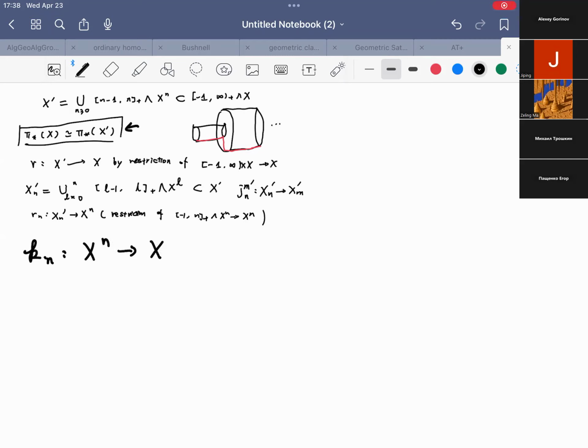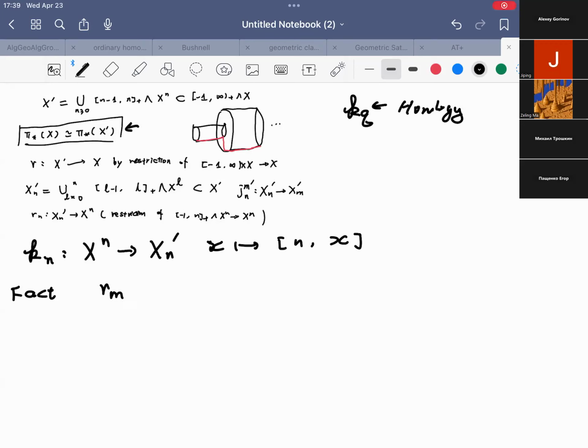This is just a map, because here my homology is denoted by Q. This is just you take x to x, and there are some facts.